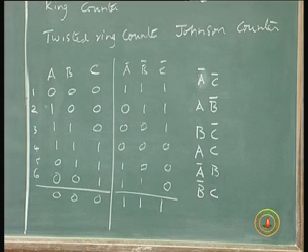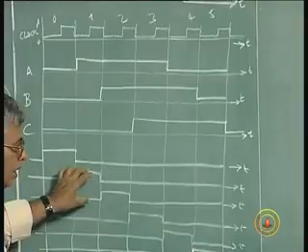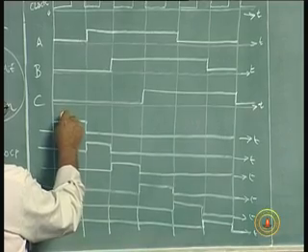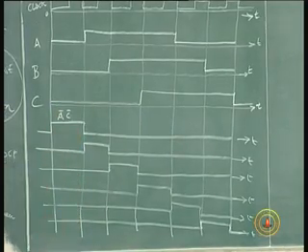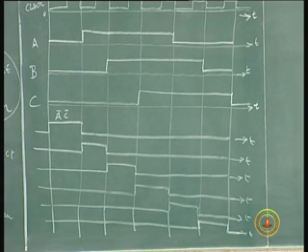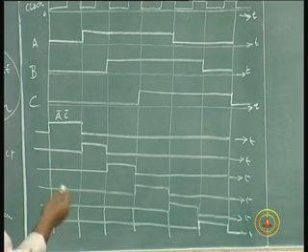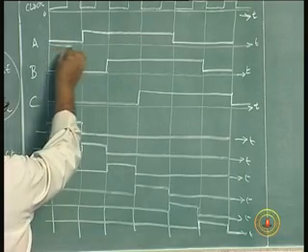So, all I have to do is get the complement of these waveforms A, B, C, A bar, B bar, C bar, and then use AND gates. So, the first clock period is on A bar, C bar. Of course, I am not showing A bar, B bar, C bar. You can imagine that it will be the opposite of this.